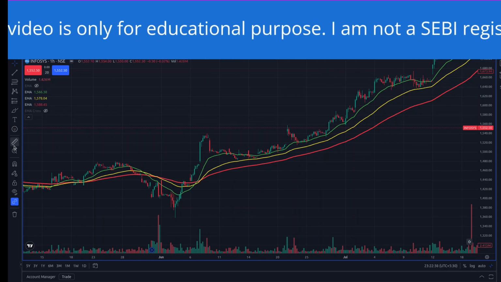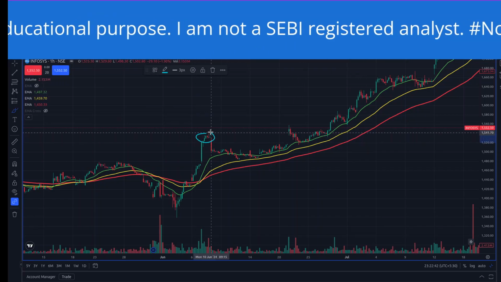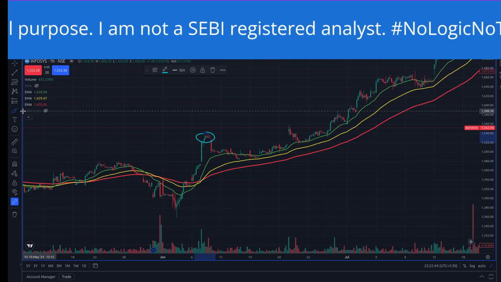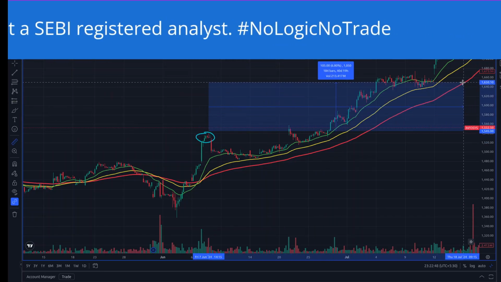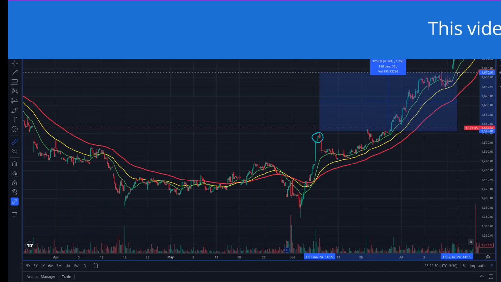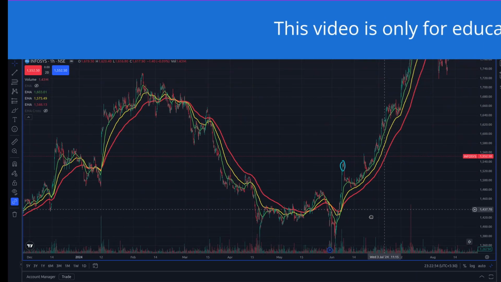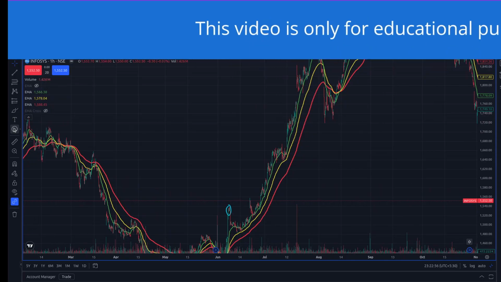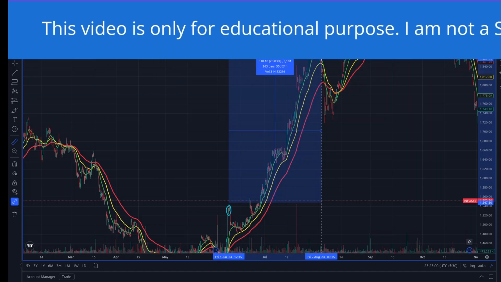So even if we enter at this price, then we would have easily made, I don't know, it's going continuously upwards for a longer period of time. You see this.